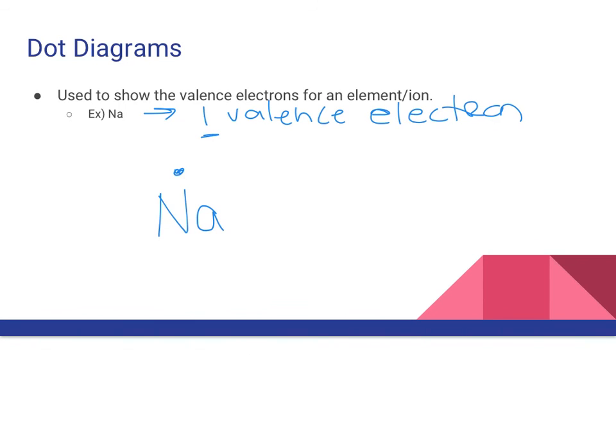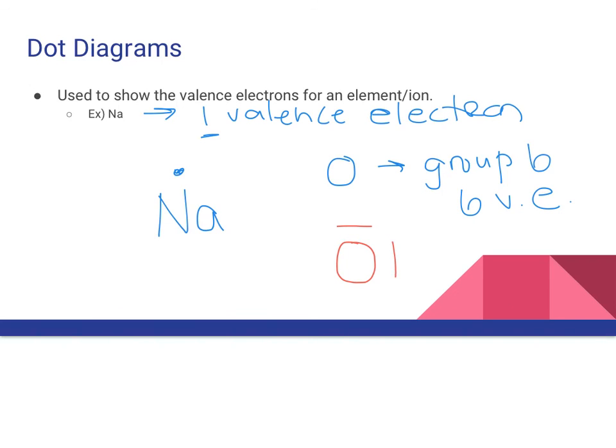Okay, if we look at something that's a little more complex, let's look at oxygen. If we locate oxygen on the periodic table, oxygen is found in group 6, which means it has 6 valence electrons. So if I were to draw the dot diagram for oxygen, I would draw the symbol for oxygen in the middle, and now I want to think about putting this oxygen in a box.